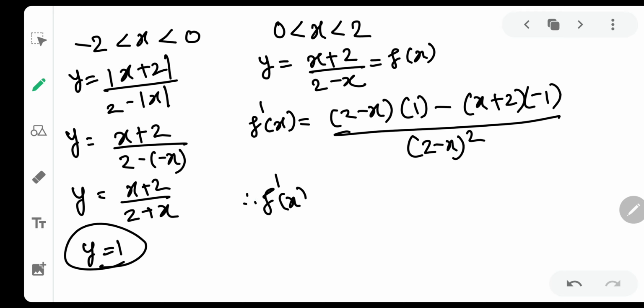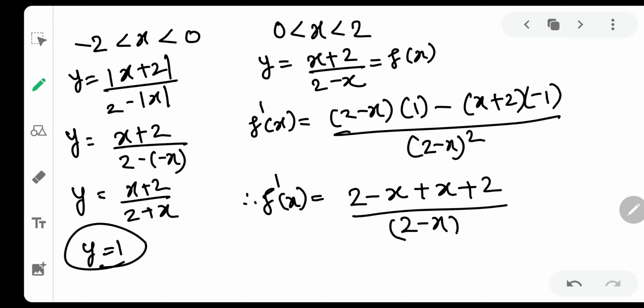Therefore f dash x is equal to what? It will be equal to 2 minus x, and then minus minus plus x, minus minus plus 2, upon 2 minus x the whole square. So this is nothing but x cancelled, 4 upon 2 minus x the whole square.